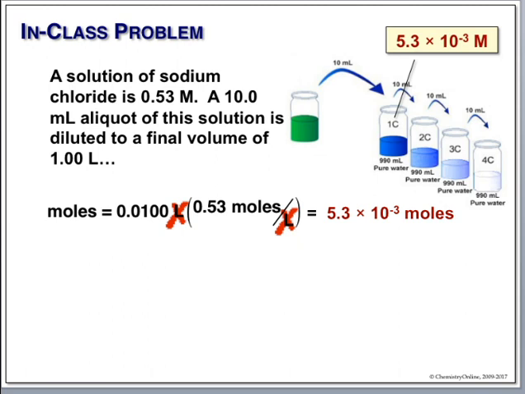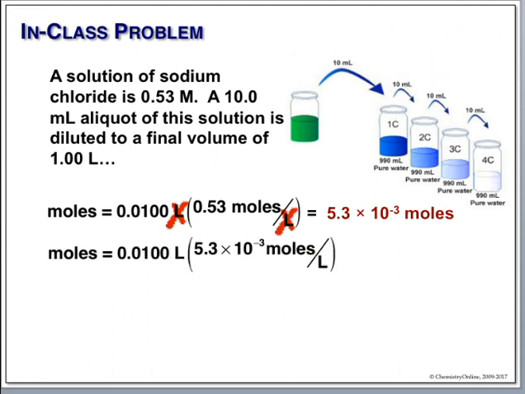Again, 10 mils. We're now at 5.3 times 10 to the minus 3, 100-fold less. Liters cancel. And we're going to drop this by another factor of 100. We're at 10 to the minus 5. That's this guy.